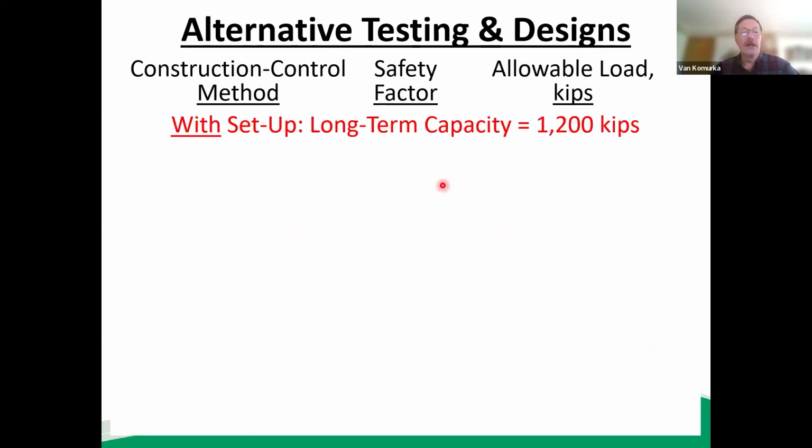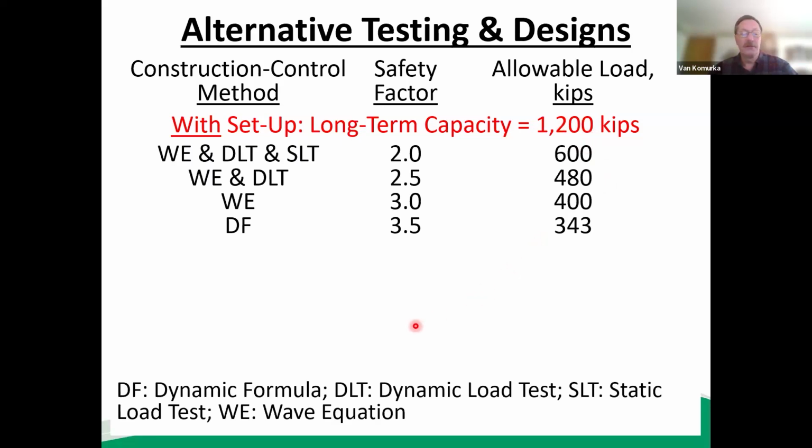If we look at the alternative designs, depending on the construction control method, we'll assign a range of safety factors more for illustrative purposes; we're not recommending that those particular safety factors be assigned to those construction control methods. With setup, we have a long-term capacity of 1,200 kips.